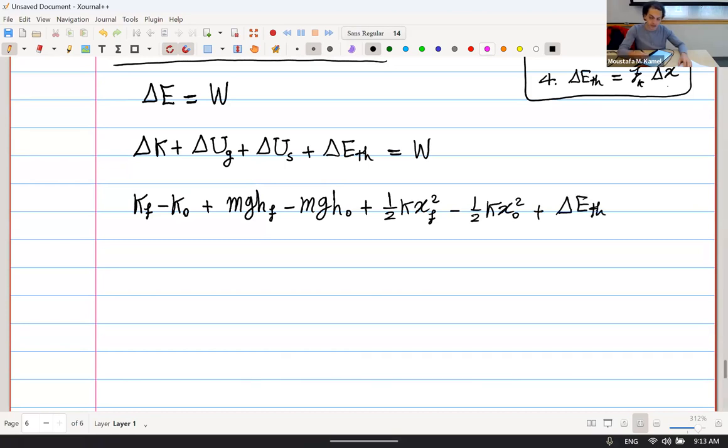I will not write it as final and initial, because we don't know how to measure initial and final points. So I will leave it as a difference. And this is equal to the work done.